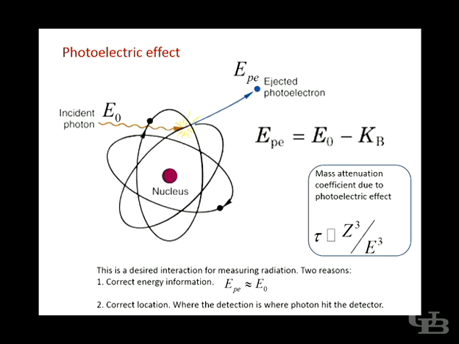So again, you get good location information. These two pieces of information are both very useful for detecting radiation. So this is a desired type of interaction for measurement of radiation.